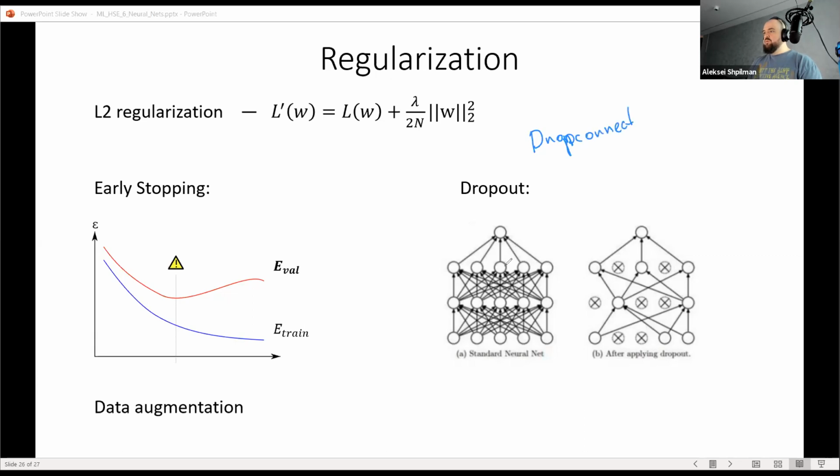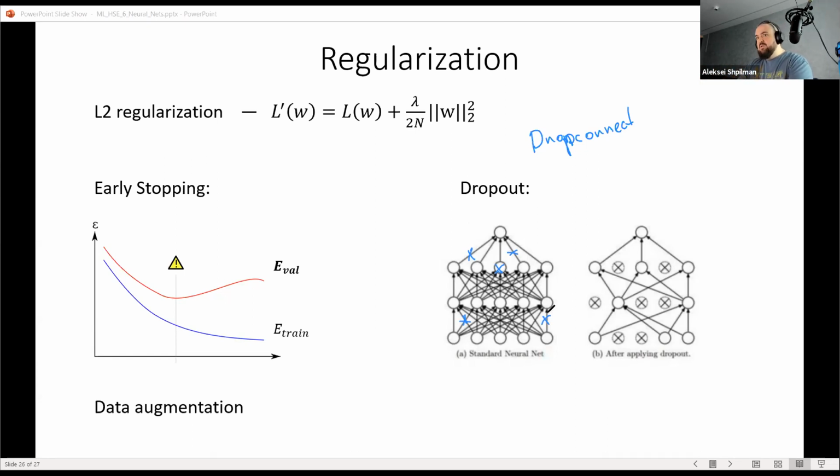Where instead of specific neurons, we removed specific weights. Right. But it was hard to implement. And that is actually another important point: when you program a neural network, create some architecture, apply some methods, you always have to remember that in the end, it will have to be calculated on some GPU or a CPU or a cluster.